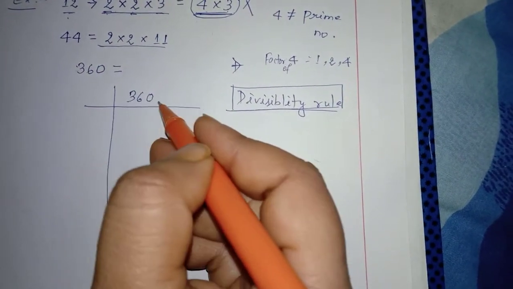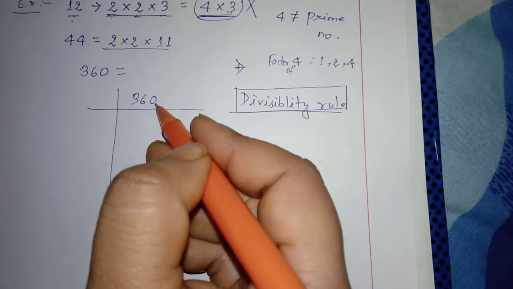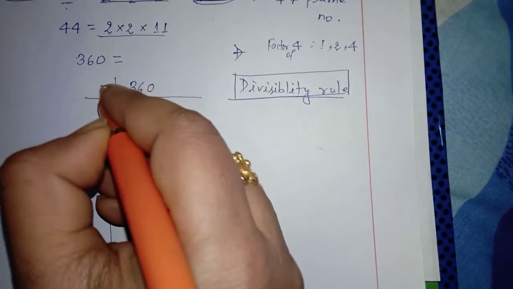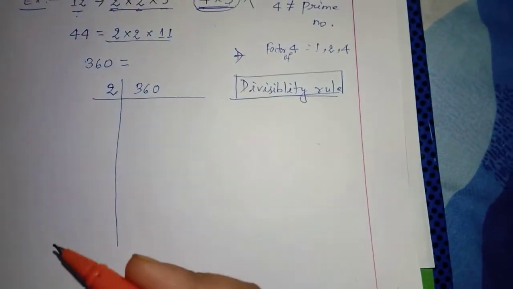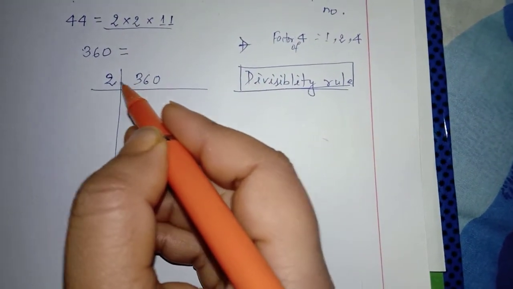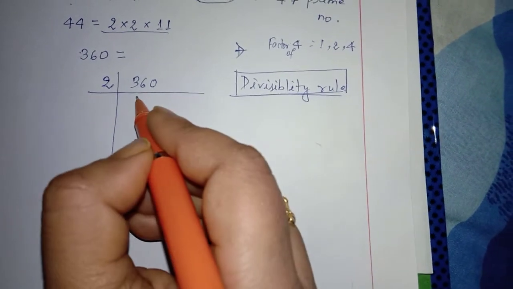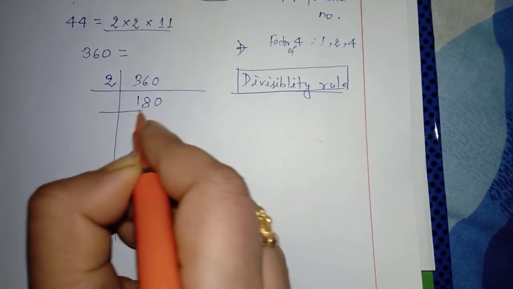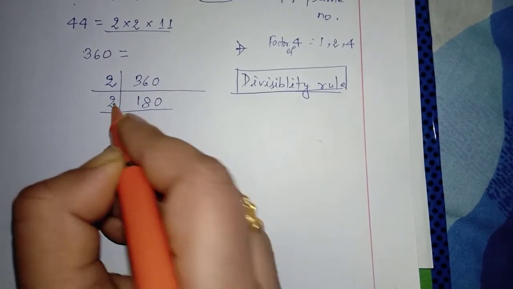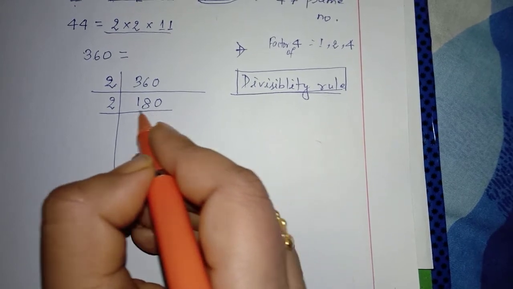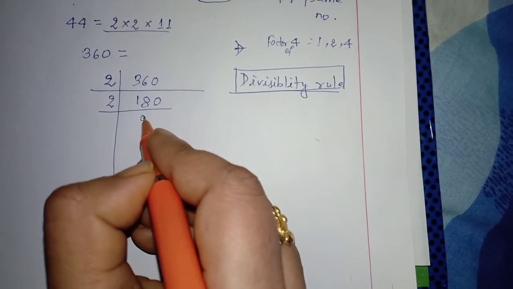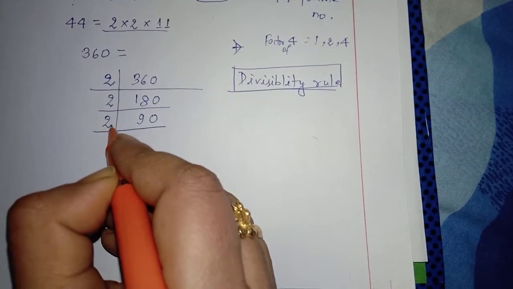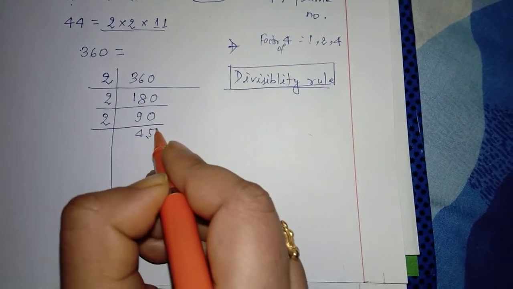If any even number is given, it will obviously be divisible by 2. So we divide by 2. When we divide 360 by 2, what do we get? 180. Again we divide by 2 because 180 is also an even number. So 2 nines are 18. Again by 2 we get 45.